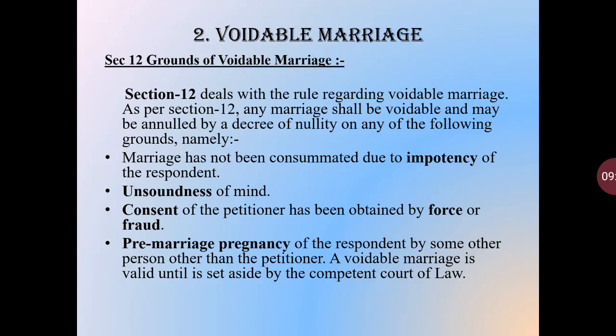As per section 12, any marriage shall be voidable and may be annulled by decree of nullity on any of the following grounds, namely, marriage has not been consummated due to impotency of the respondent, unsoundness of mind, consent of the petitioner has been obtained by force or fraud, pre-marriage pregnancy of the respondent by some person other than the petitioner. A voidable marriage is valid until it is set aside by the competent court of law.